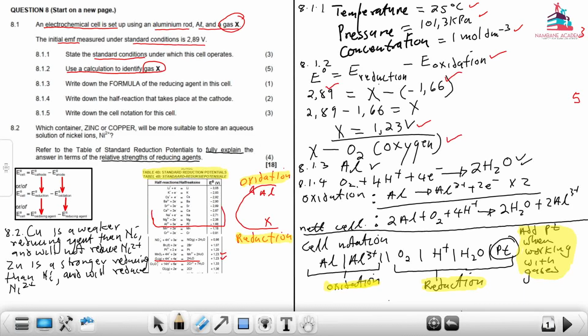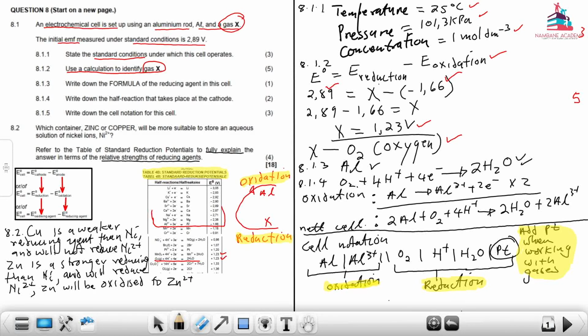What does this say to us? This says to us zinc will be oxidized to zinc 2 plus.